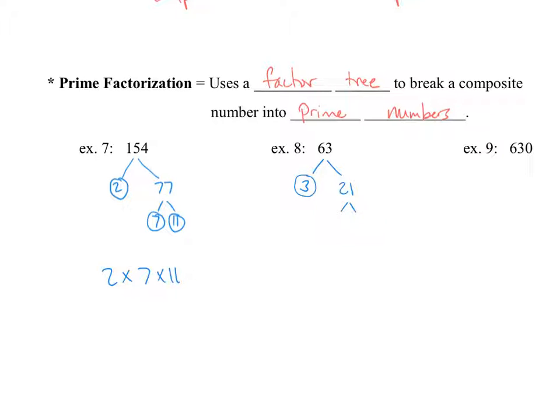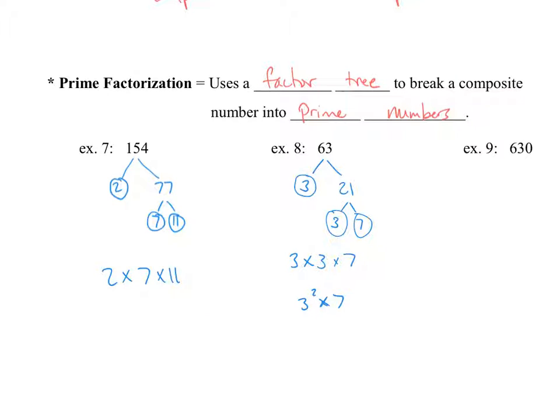What fits into 21? 7 and 3, which are both prime numbers. Now, this is 3 times 3 times 7, but we have a shorter way to write that. Do you remember how? 3 to the second power times 7, because you have two 3s there. Equals 63.